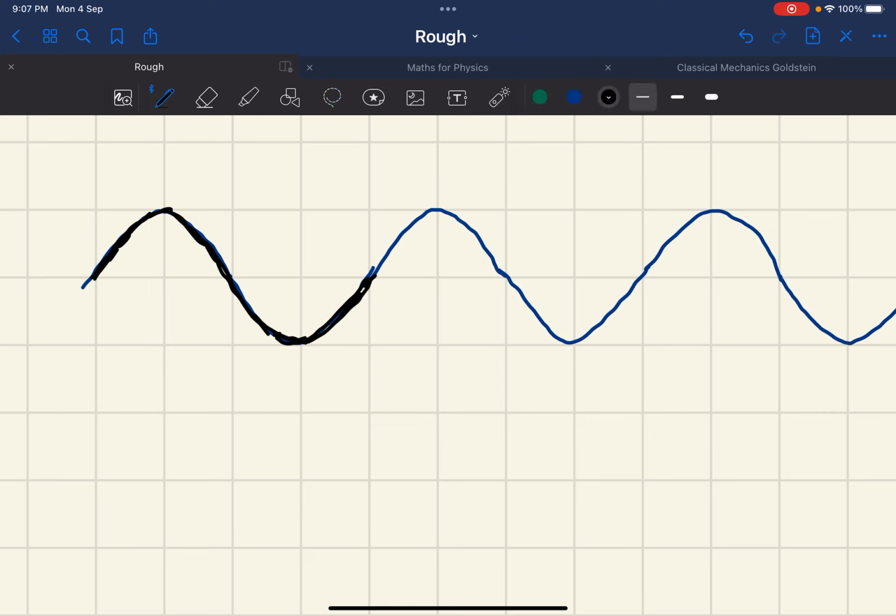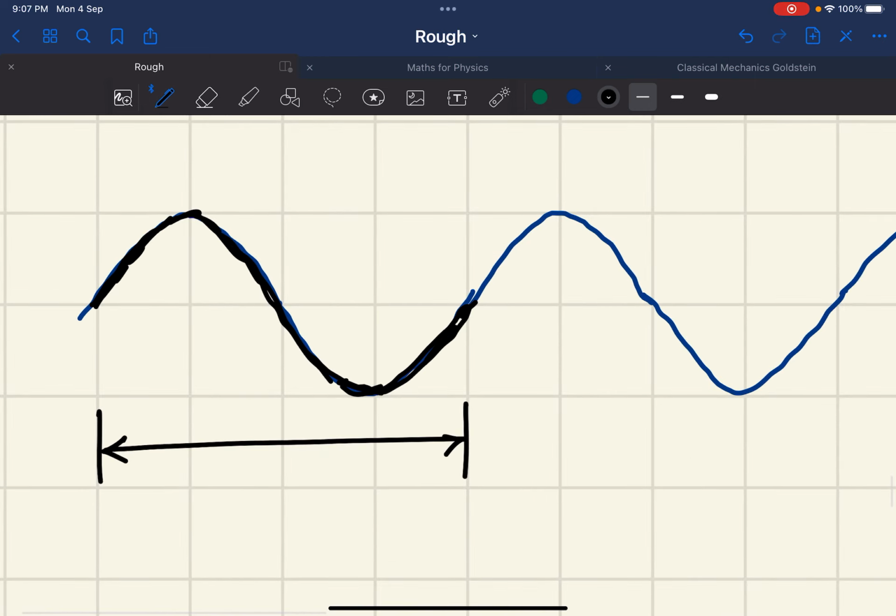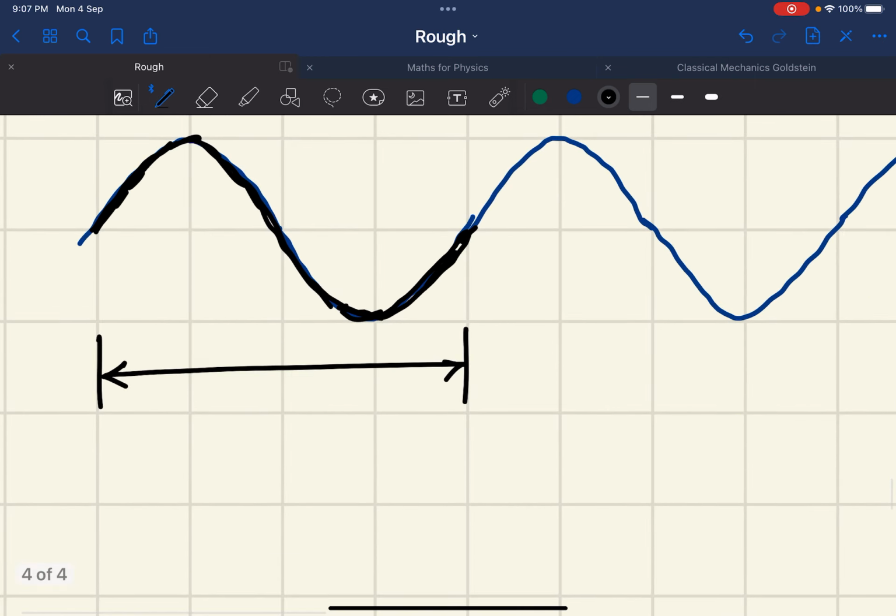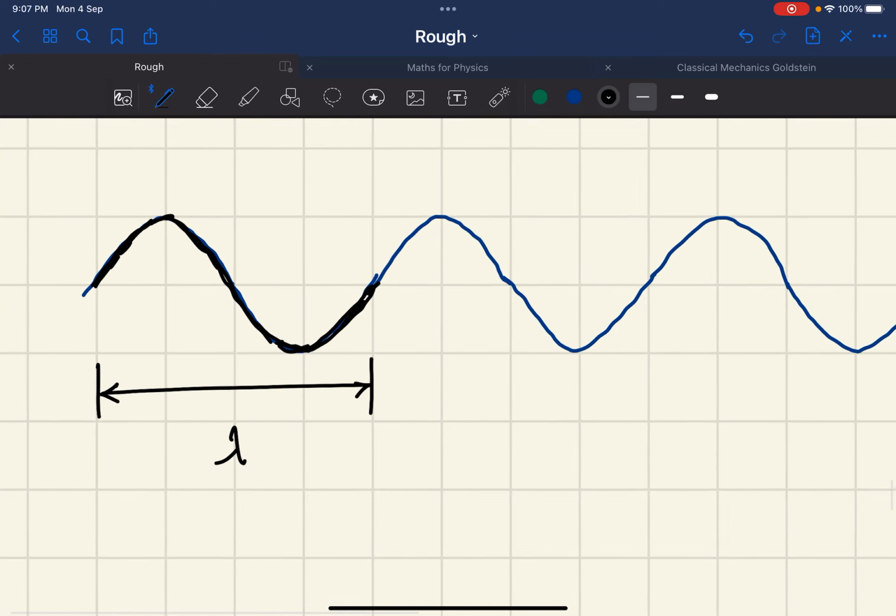So this is what you would call one wave. This has a length of one wavelength. That's what it's called.